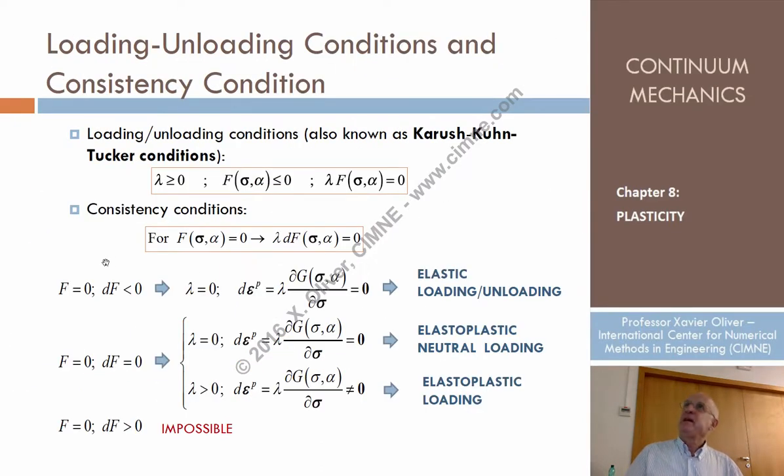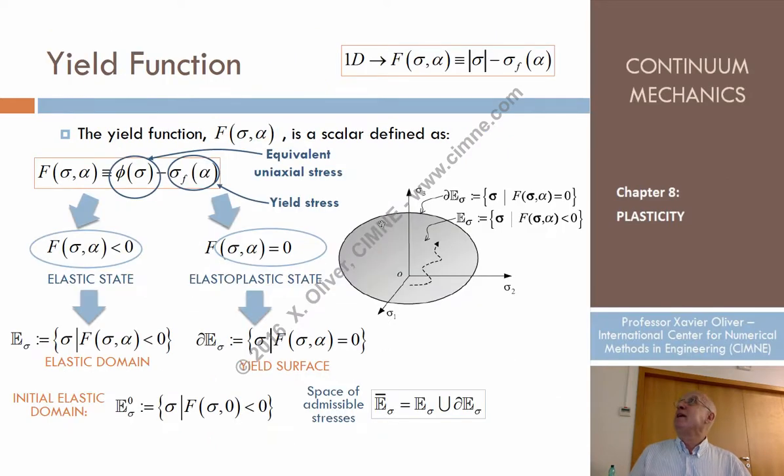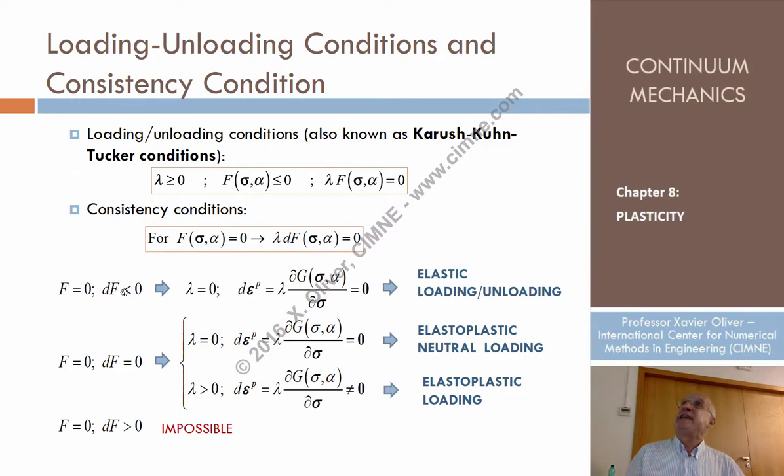Look, f is equal to 0, and differential of f is smaller than 0. What is this move? We are on the boundary and the increment of f is smaller than 0. So the next value of f would be smaller than 0. So we are moving towards the interior of the elastic domain. So that is different from 0, because smaller than 0 means strictly different from 0. What does this product say?